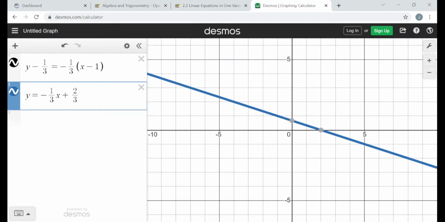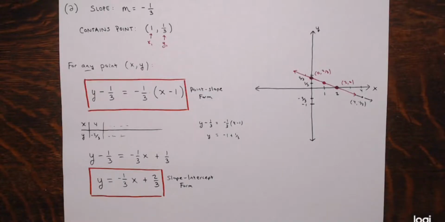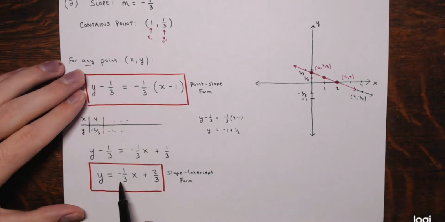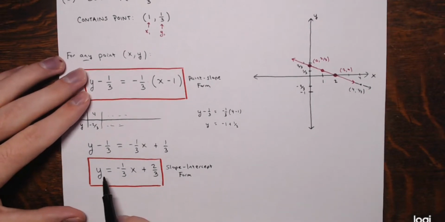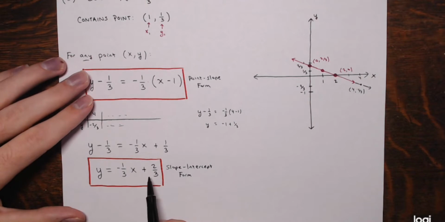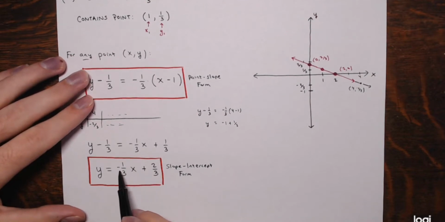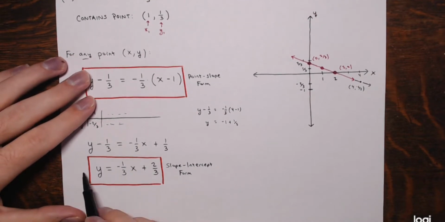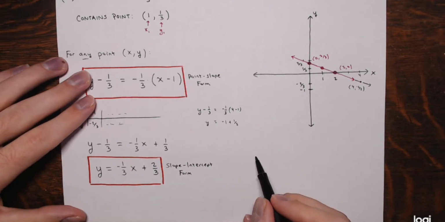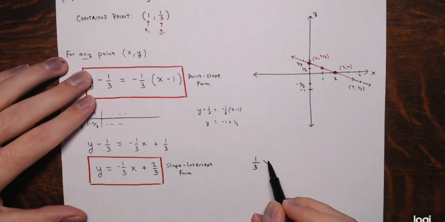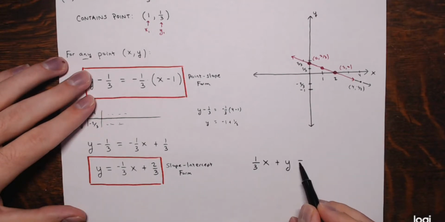Great. All right, and then finally the standard form. Again, very simple, especially if you have it in slope-intercept form already. Here I have negative 1/3 x. Get the x and y terms to the same side. I would just add 1/3 x. So you have positive 1/3 x plus y equals 2/3.